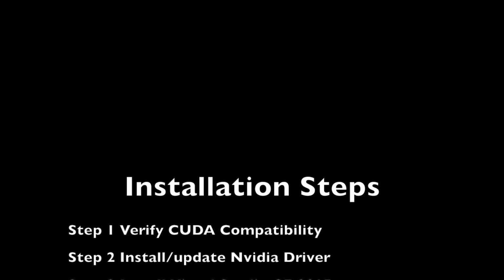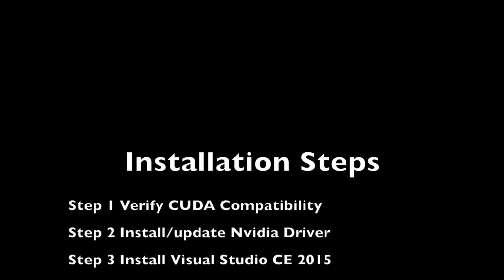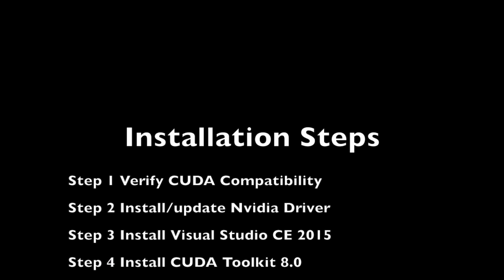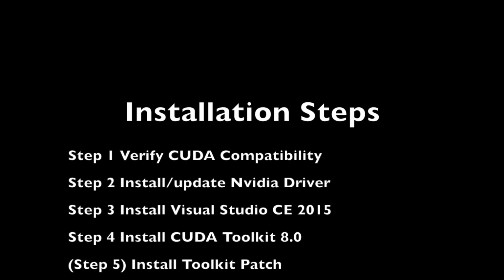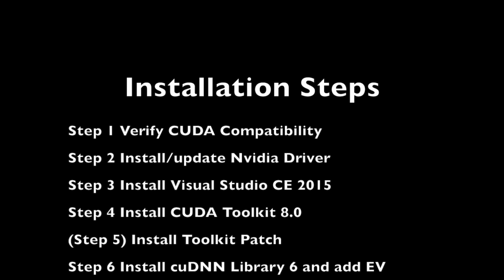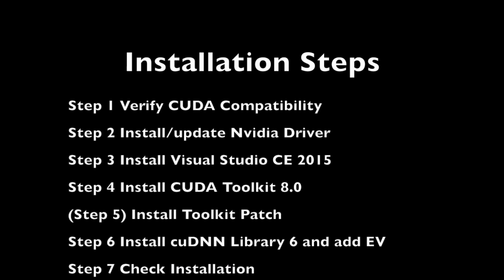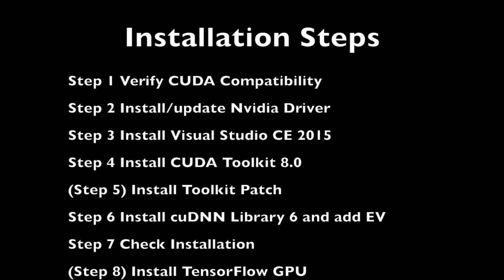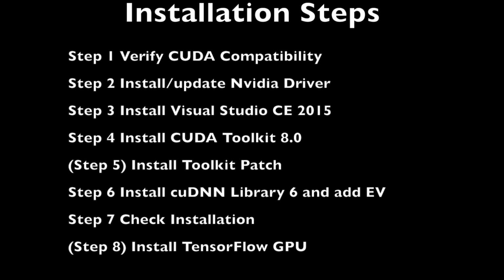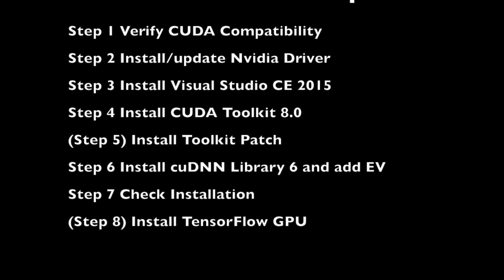Now let's talk about the steps this video will cover. First, you would have to verify the compatibility with Cuda, as we said before. Second, we will install or update the NVIDIA driver. Afterwards, we will install the Visual Studio Community Edition 2015. Next, we will install the Cuda Toolkit version 8 and optionally apply the Toolkit patch.